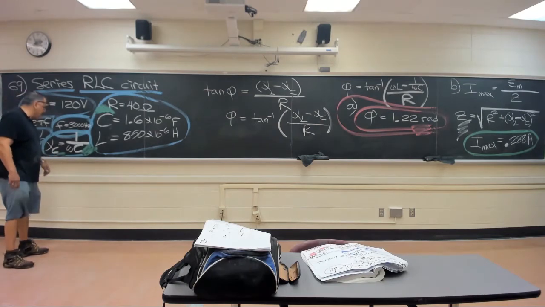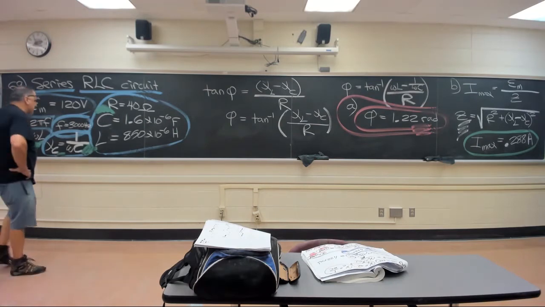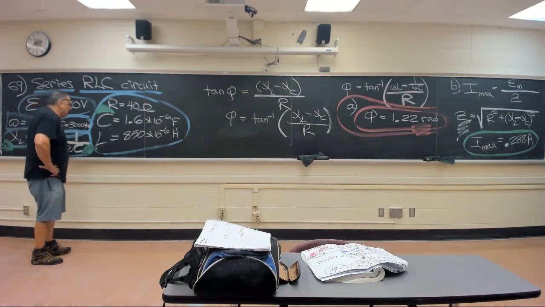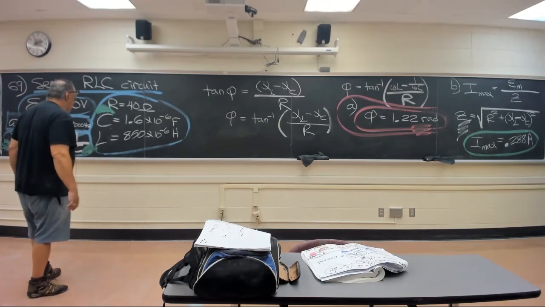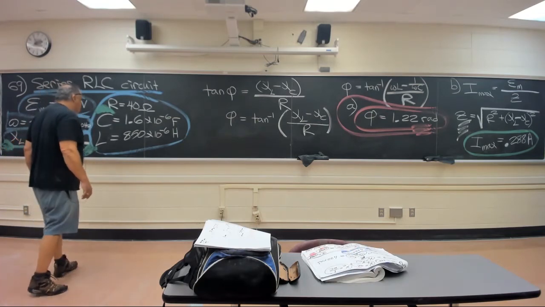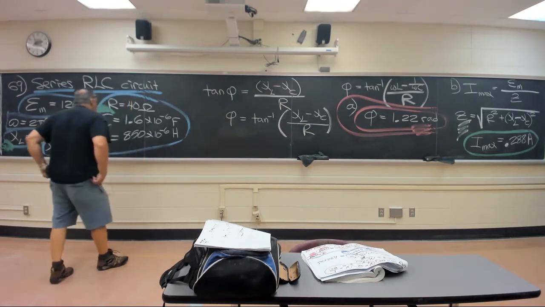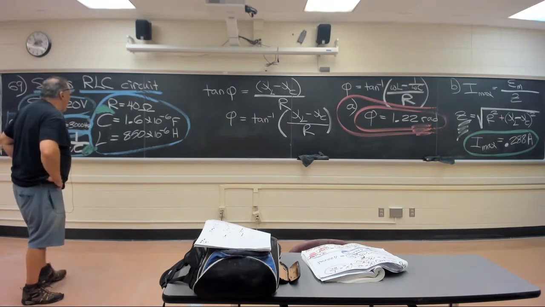X sub C is 1 over all this. Let's see what we can say here. On the other one right here, this would be 20,000 times this is 32,000. 32,000 is 3.2 times 10 to the 4.